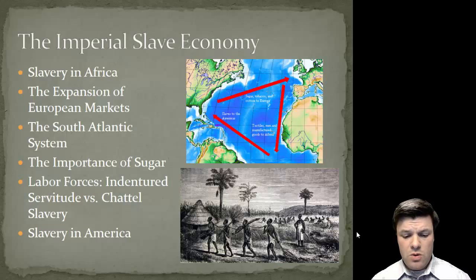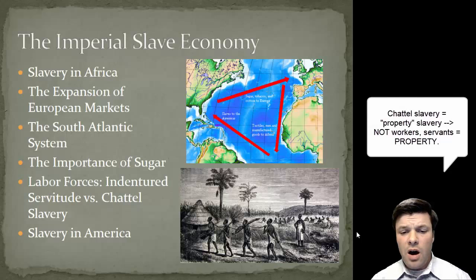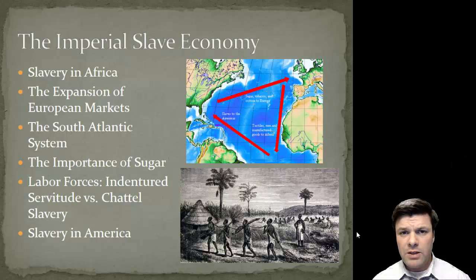Just a moment on cash crops. Cash crops are products that will grow very well in the New World. And best of all, they sell very well on the European marketplace. Hence, we have the term cash crops. It's these cash crops that are really making the English, especially, their money in the American empire system.